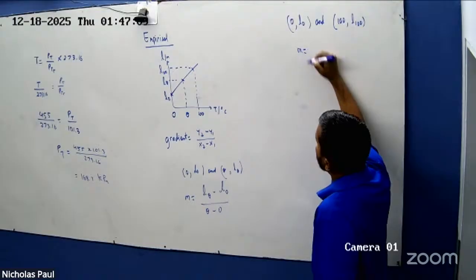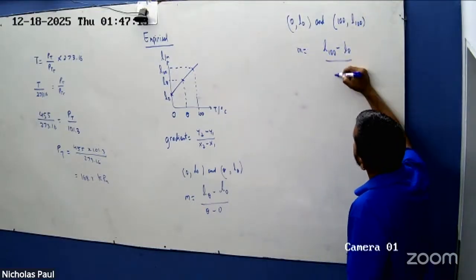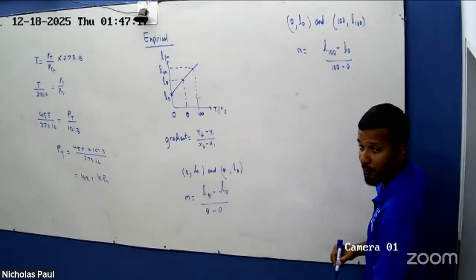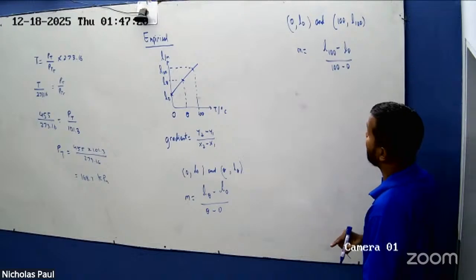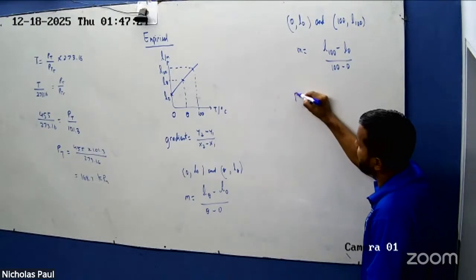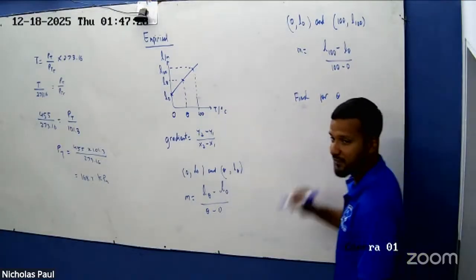So gradient is now equal to L100 minus L0 all over 100 minus 0. Now you gotta do the fun part. Make them equal and make theta the subject.